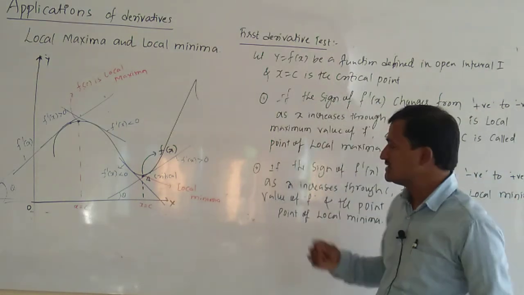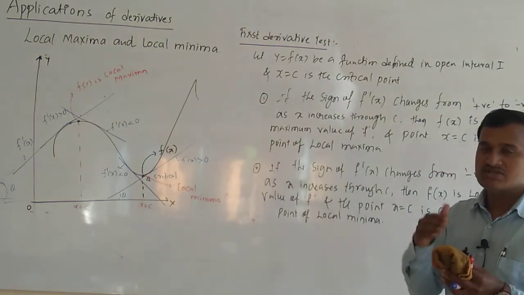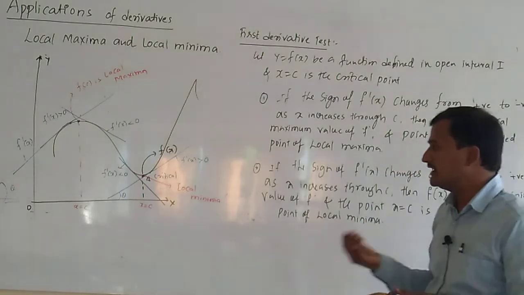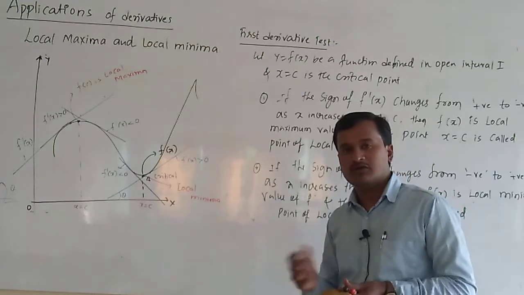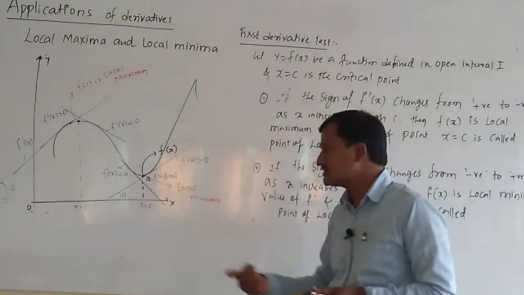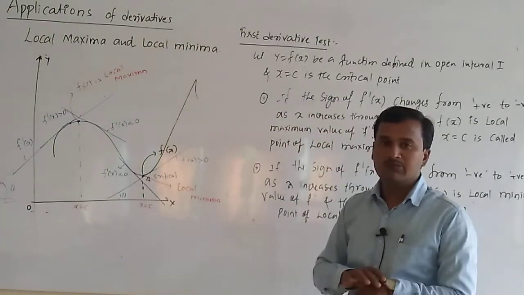So for this, you just have to check the sign of f dash of x. If the sign of f dash of x changes from negative to positive, then in that case we are getting the local minima, and f of x is called the local minimum of the given function, and x equal to c is called the point of local minima, right?